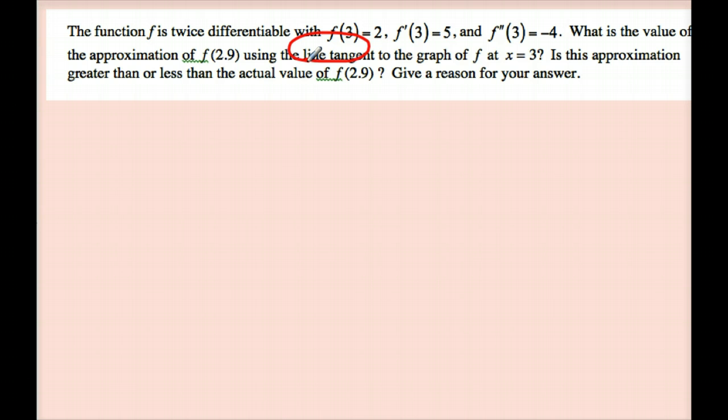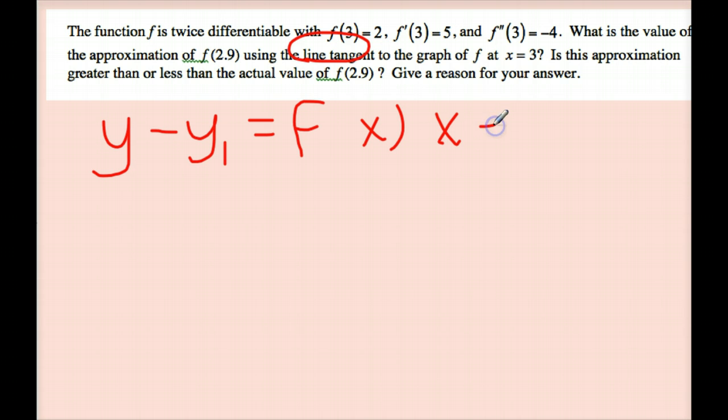To write this tangent line, I use the equation y minus y1 is equal to f prime of x times x minus x1. We plug in the values for 3. When x is 3, my y is 2.